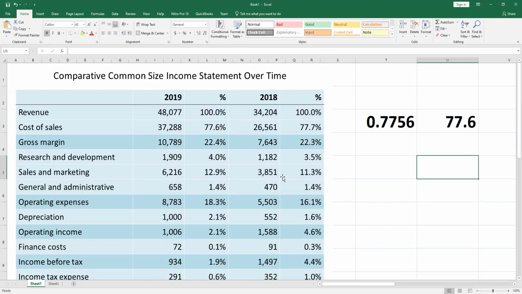Okay, now let me do general and administrative expense. Of course, expense ही होगा, तो 658 is here. So I will do it here.